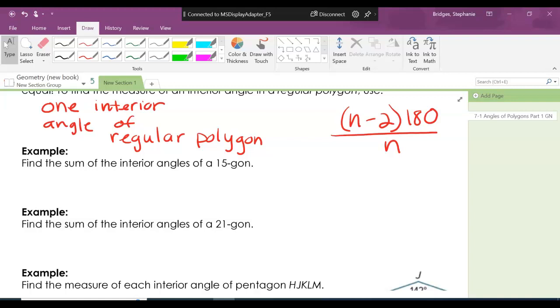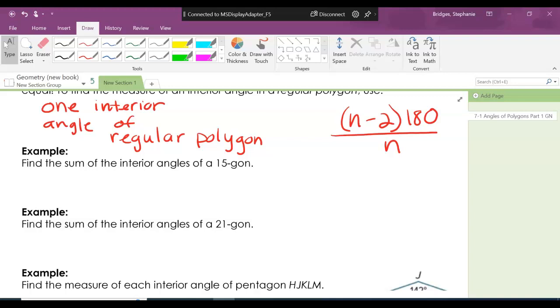What is this first example asking me for? Is it asking for the sum or for one? The sum. So we're going to use the formula n minus 2 times 180. Anything past 12 sides, they don't call it anything other than, like this one is called a 15-gon. They just put the number dash gon. So 20 sides would be a 20-gon, 30 sides would be a 30-gon. Only the shapes up to 12 sides have special names that we would hear about.